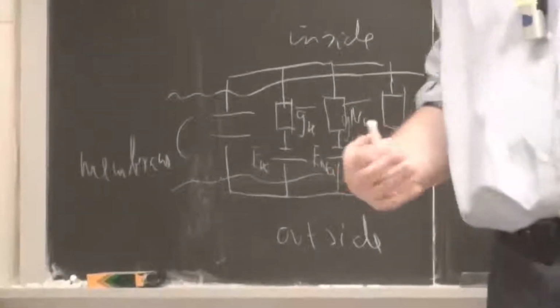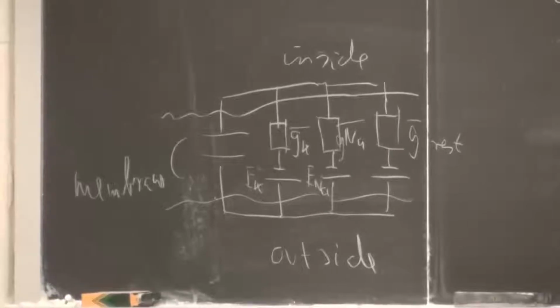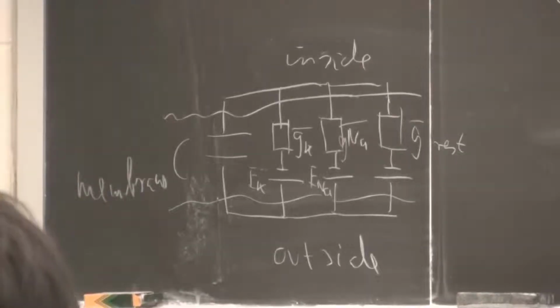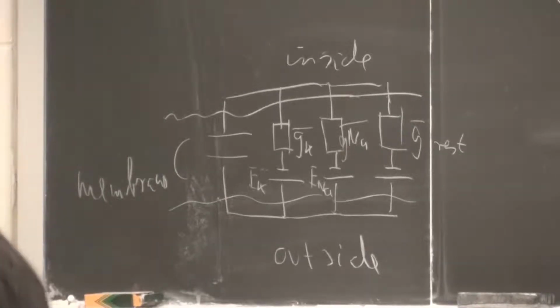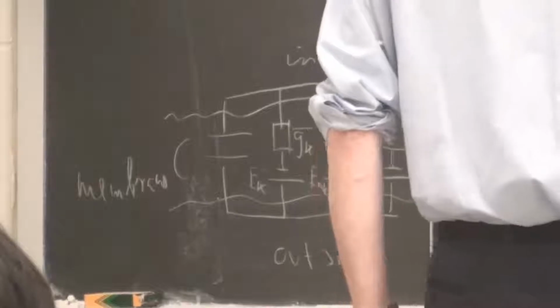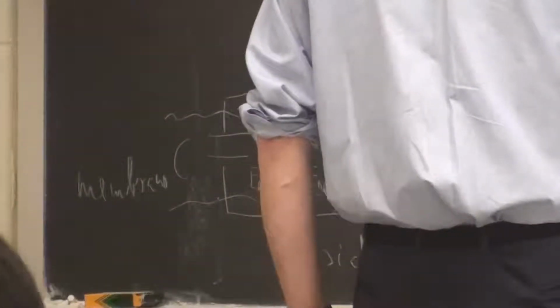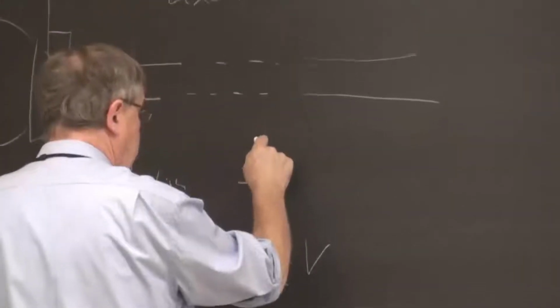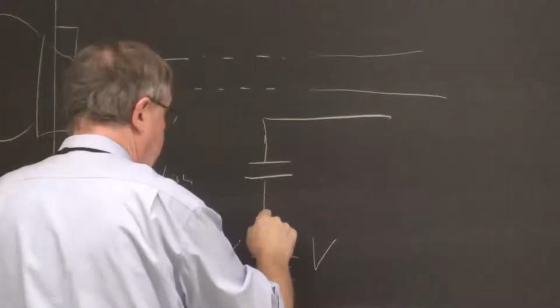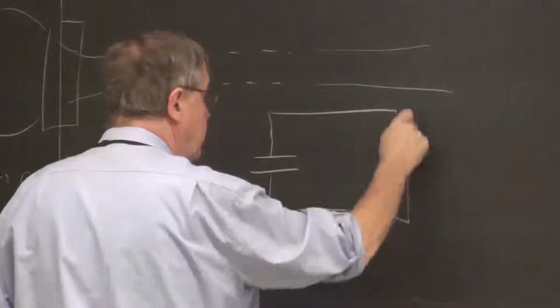So these conductivities are not changing in time. They don't have a dynamic variable that alters them. But in the axon, we have different behavior. In the axon, we have the behavior that is described by this kind of circuit diagram.